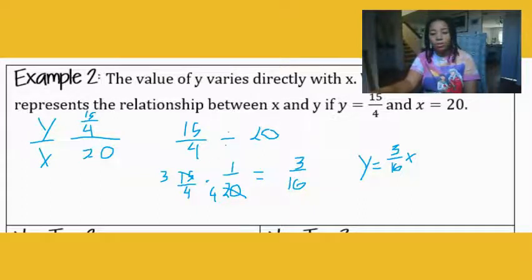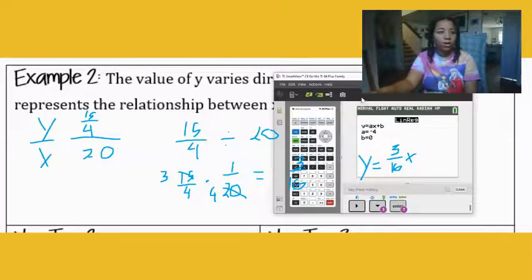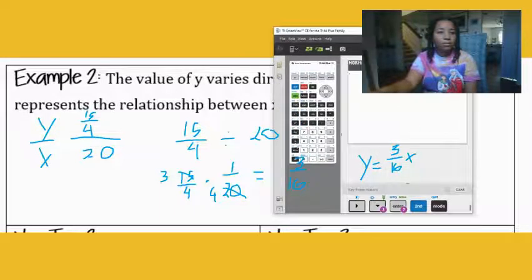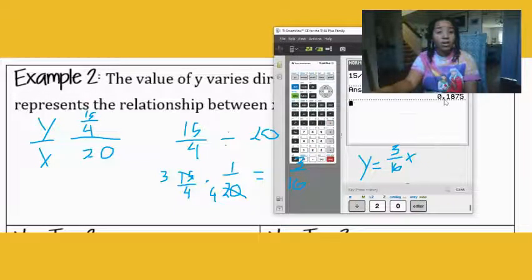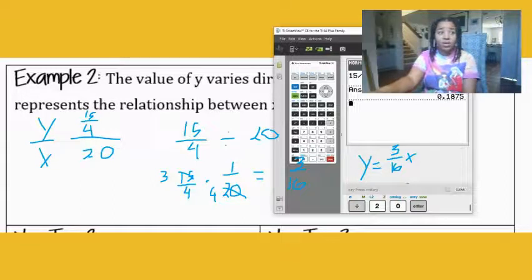Now, you can also type this in your calculator, and I'll pull that up just because I know I have a lot of calculator lovers here. And you can do 15/4. Let's see what that is. Which is 3.75, and then divide it by 20. And you would get 0.1875. But what is that as a fraction? I have no idea.